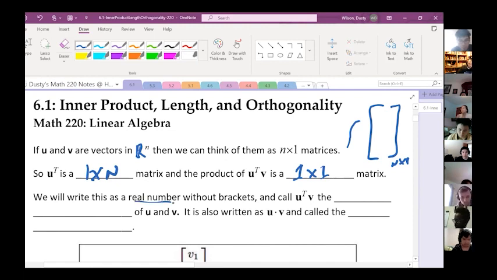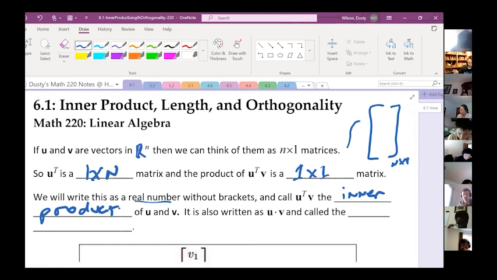And we're going to call U transpose V the inner product of U and V. It's also written as U dot V. And what do we call U dot V? What kind of product? The dot product.